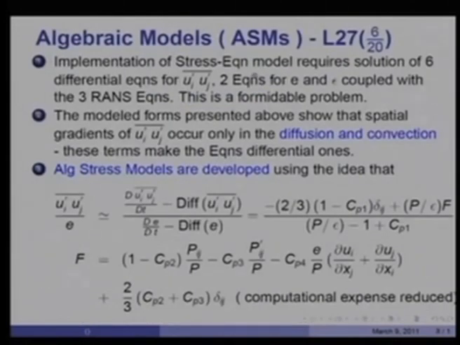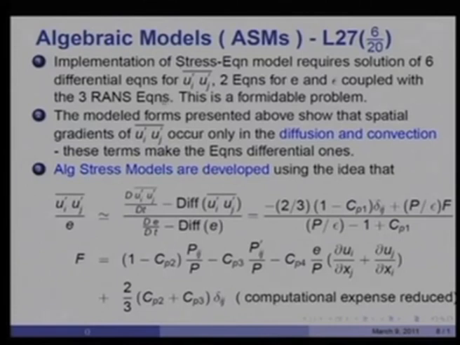Now, the implementation of the stress equation models requires solution of 6 differential equations for ui prime uj prime. It requires 2 equations for E and epsilon, that is the kinetic energy and dissipation, coupled with 3 RANS equations, that is the original momentum equations.